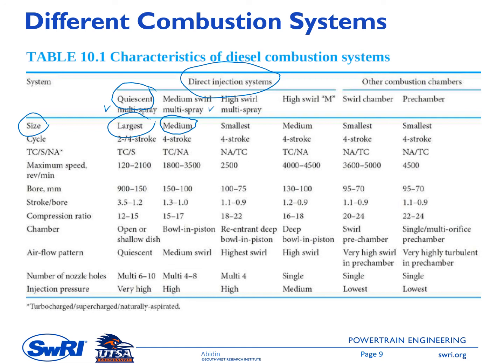For the small engine, because it requires a high combustion speed, it is usually equipped with high swirl and multi-spray. On the right side, you can see a system with high swirl and M type.